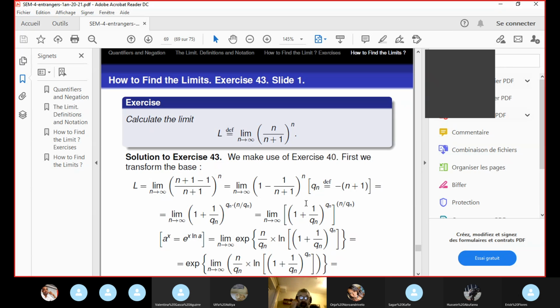We will see this fact in the second part of our seminar. Now, please believe me, if it is possible. So we have that our limit is the exponential function of the limit of the product of n over q sub n and log of the square bracket. You see this on the slide.